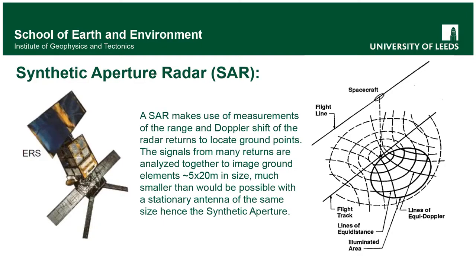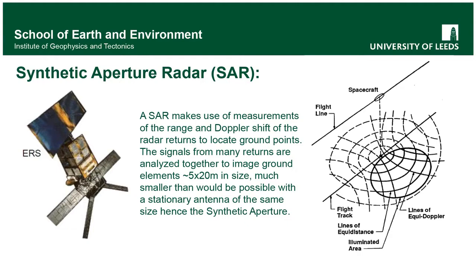So I'm going to introduce the synthetic aperture radar. For traditional radar, the image size is proportional to the wavelength of the antenna. However, synthetic aperture radar plays a trick. It uses the Doppler shift of the radar returns from local ground points.